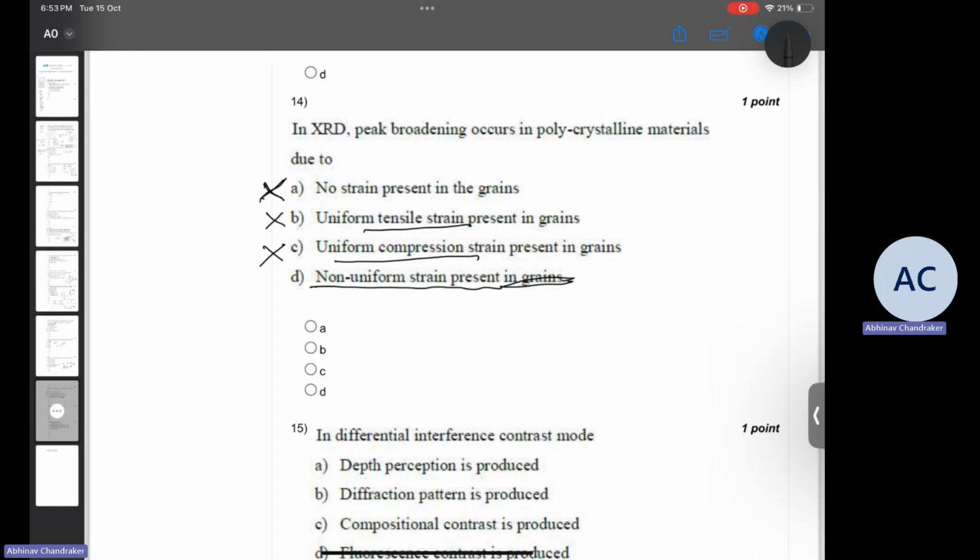There will be smaller peaks at angles which are slightly different from the perfect Bragg's angles. So we'll see some kind of broadening taking place over some theta range. The correct answer will be D.